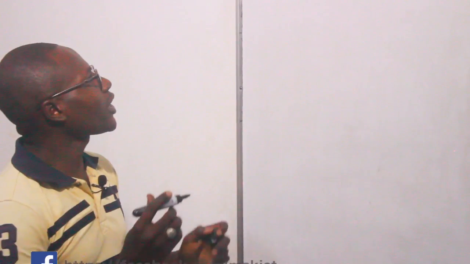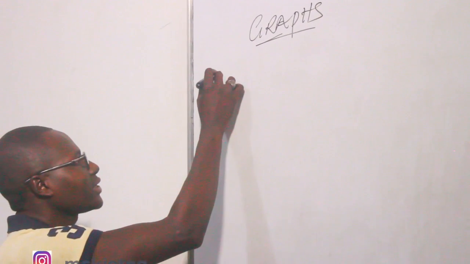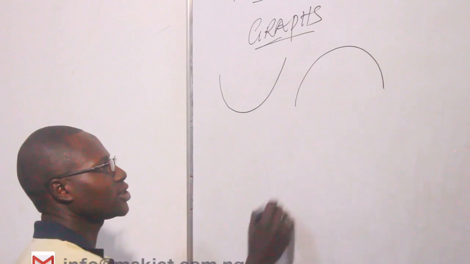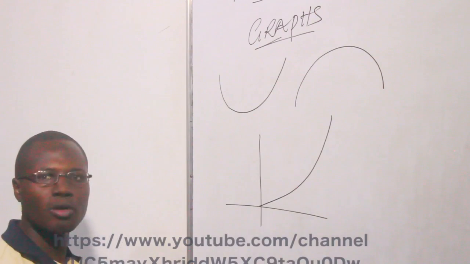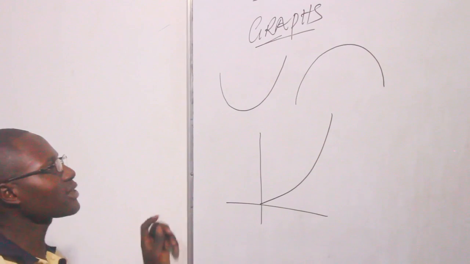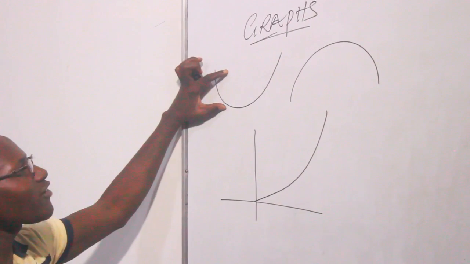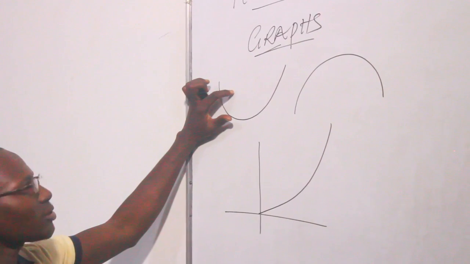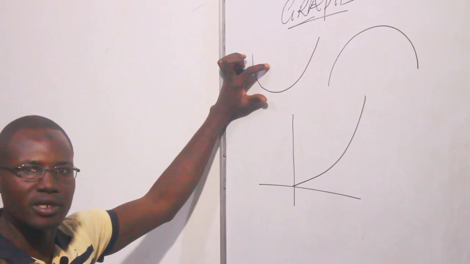Some people call them curves, but normally when we call a graph a curve, it means there is some arc in it, either this way, or even an exponential type of graph. So today, by the grace of God, we will look at these types of graphs, solve them one by one, and then look at the difference between each of the graphs and how to approach the question if given.